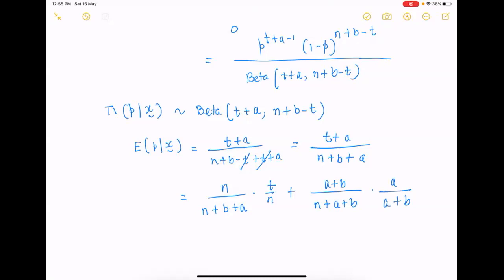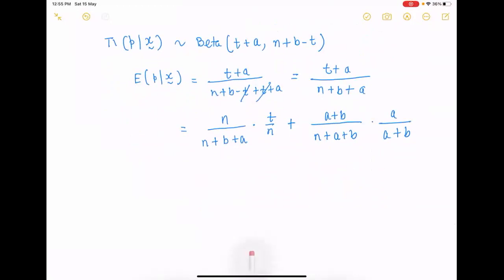Do you see an interesting pattern here? Look, a very interesting pattern: it is a weighted sum of expectations of beta distributions. Correct. Wait, not really. I'll tell you what. This guy, what is this guy? He is the maximum likelihood estimate of P. Correct?